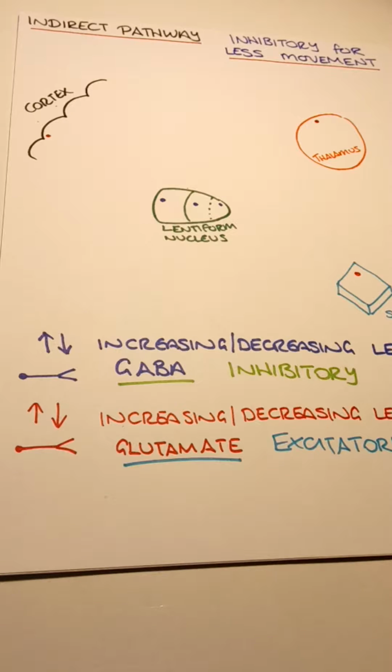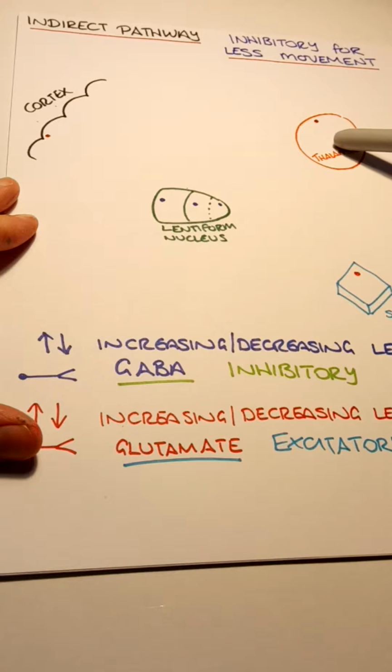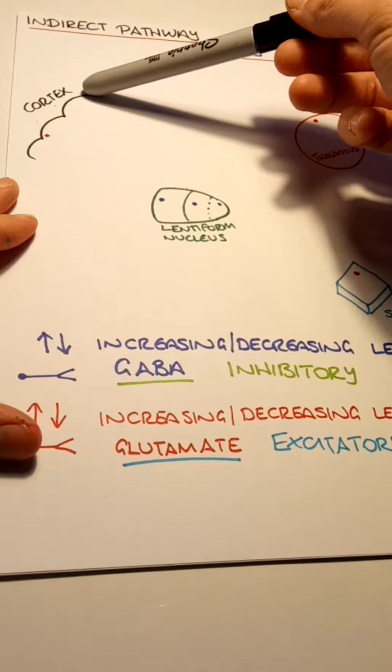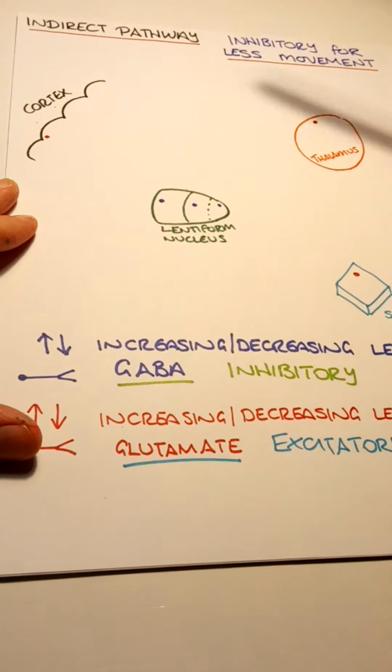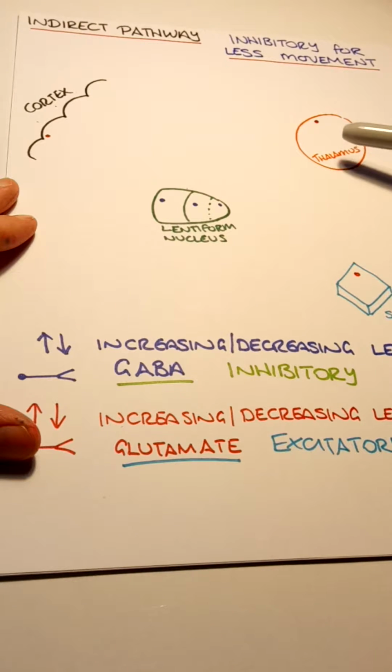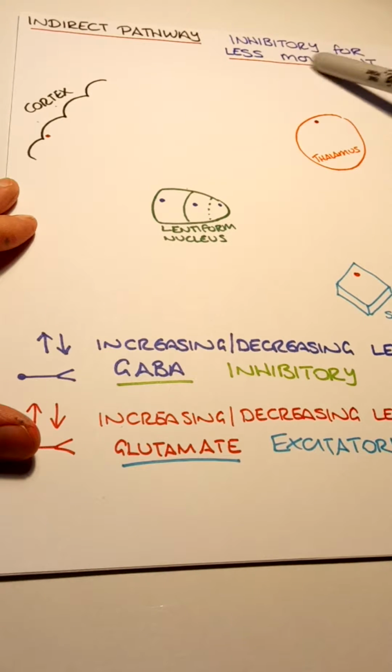Right, so this is the indirect pathway, and this is inhibitory with the aim for less movement. As we said earlier, the thalamus is always looking to stimulate the cortex, but we want to stimulate it for less movement.